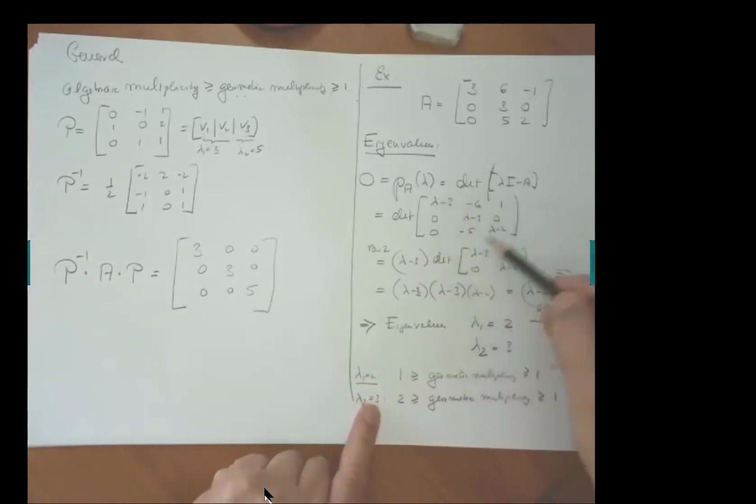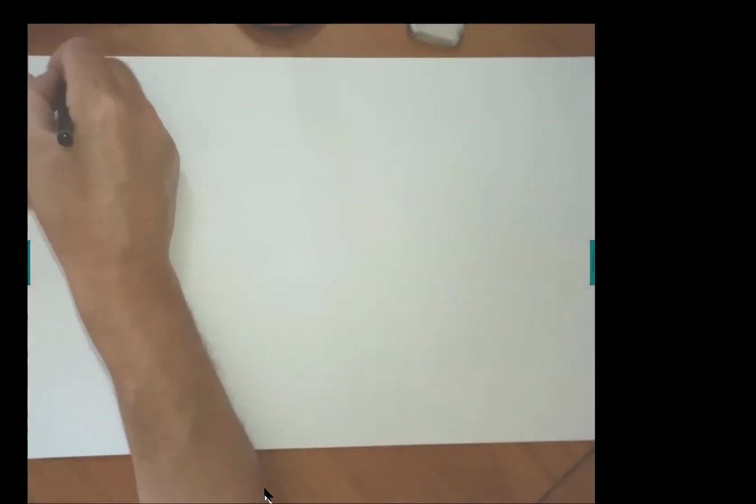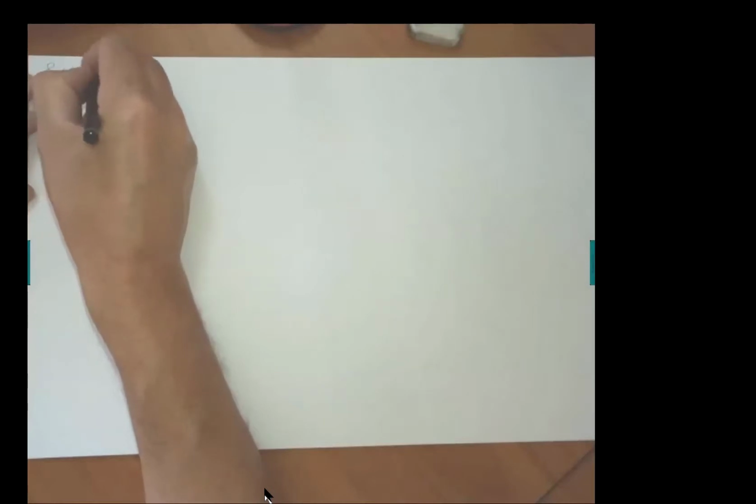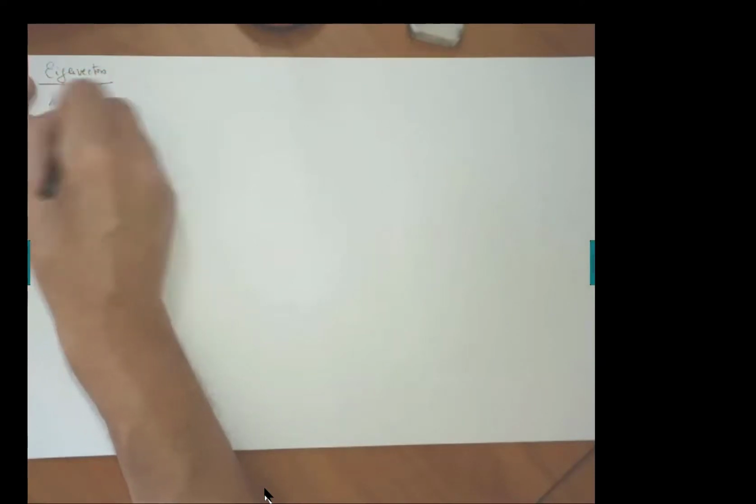So I take always this and plug in my 2 lambdas. So now we find the eigenvectors. So now we go to eigenvectors. So lambda 1 equal to 2.